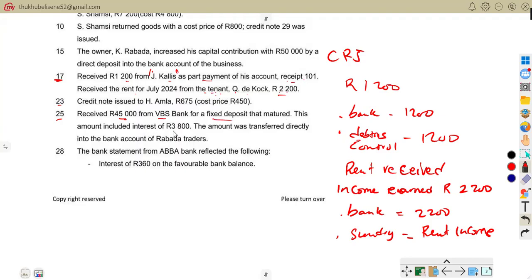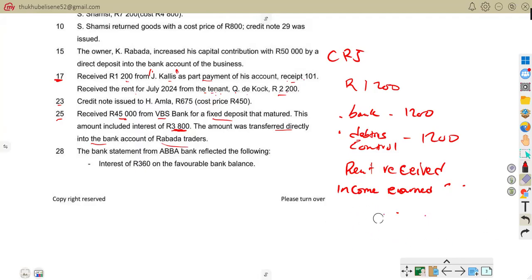This amount included interest of 3,800, and the amount was transferred directly into the bank account of Radaba Traders. So let us see how we are going to treat this.